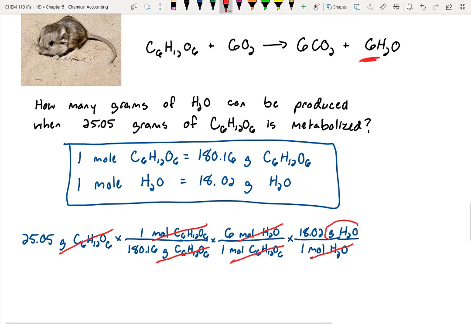All right, so we figured out how many grams of water. Now all we need to do is type this into our calculator. What answer are you getting? 15.03? Exactly. So this mouse would get 15.03 grams of water out by metabolizing 25.05 grams of glucose.